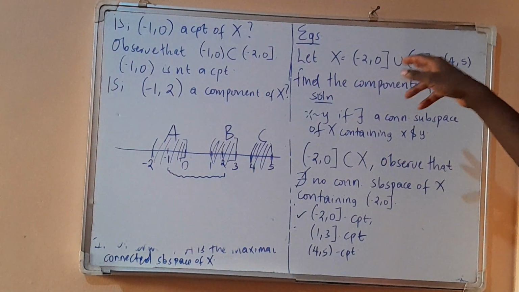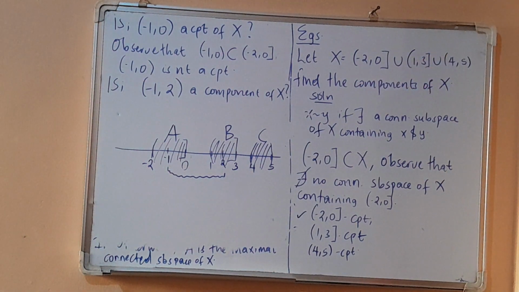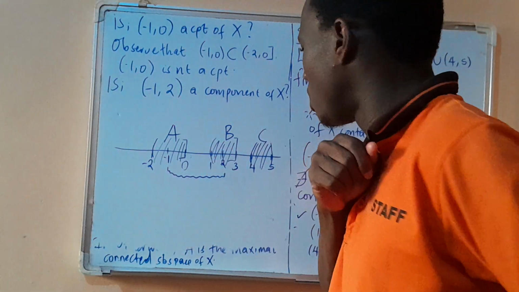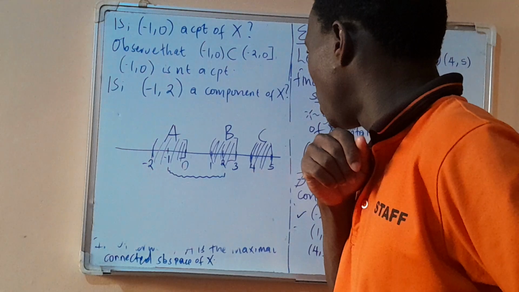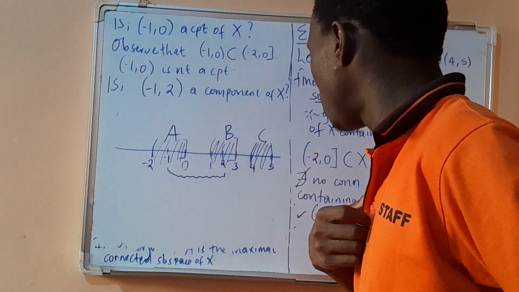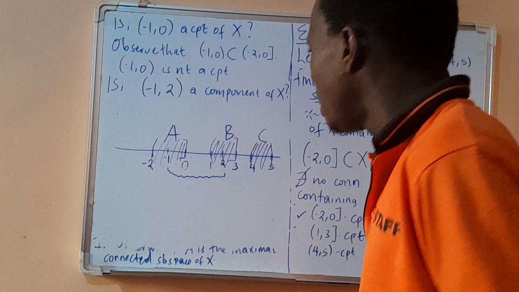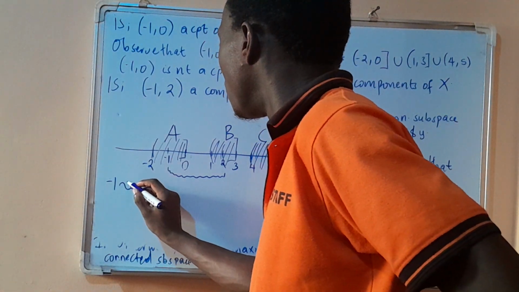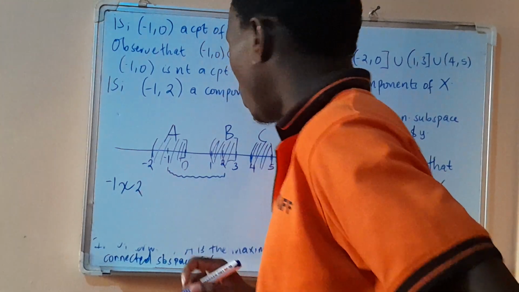But X defined in this way informs us that actually -1 to 2 is not connected, because this set and this are disjoint, also C is disjoint. So it's like -1 is not related to 2.